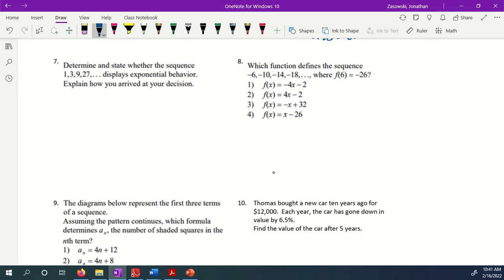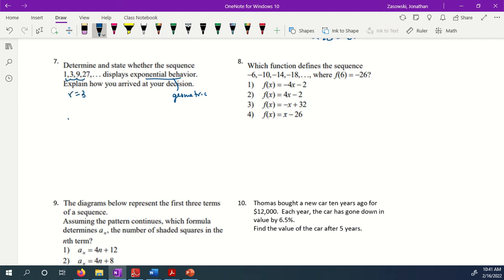Okay, whether this is exponential or linear. So remember, exponential just means it is also geometric. Since we can see that we're going from 1 to 3, 3 to 9, 9 to 27, this has an R value of 3.